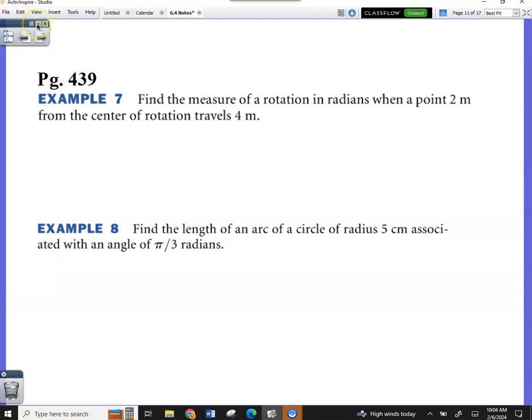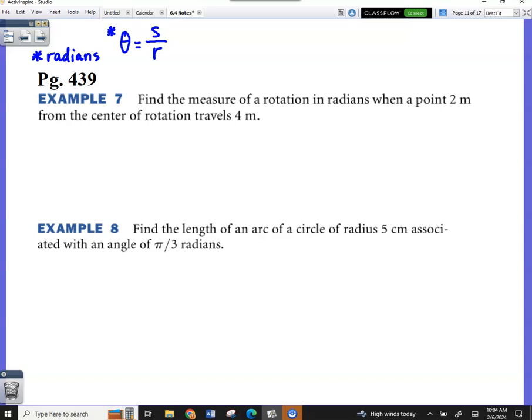Let's remind ourselves of the formula. We have theta equals S over R, and let's remind ourselves right here, theta has to be in radians. While these are word problems, the good news is they never change.